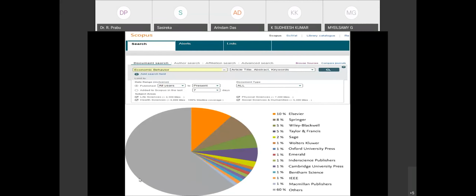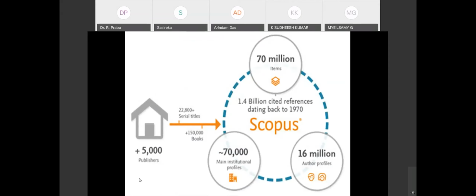So this is the website of the Scopus databases. Here you can see the publisher-wise content, and these are the leading publishers also contributing journals on the Scopus platform. Another overview of the Scopus databases: it indexes 70 million articles, and 1.4 billion cited references from the year 1972.